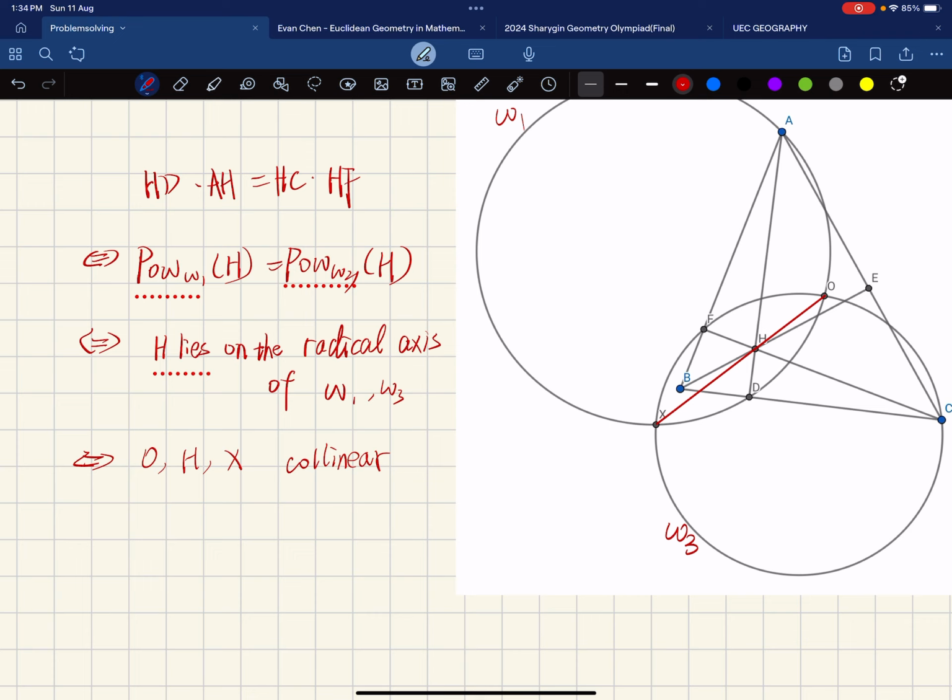Easily we can do this: the power of H to omega 2 equals HB times HE, which equals HA times HD, which equals the power of H to omega 1, which also equals HC times HF, which equals the power of H to omega 3.